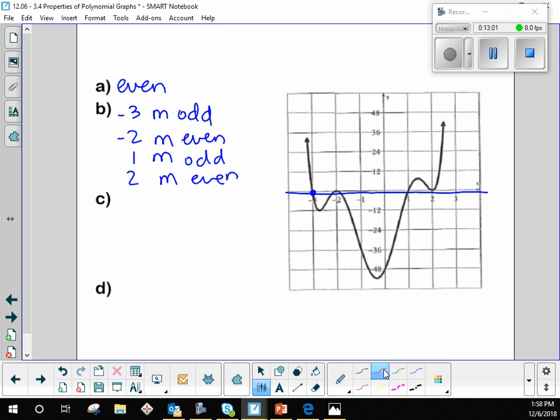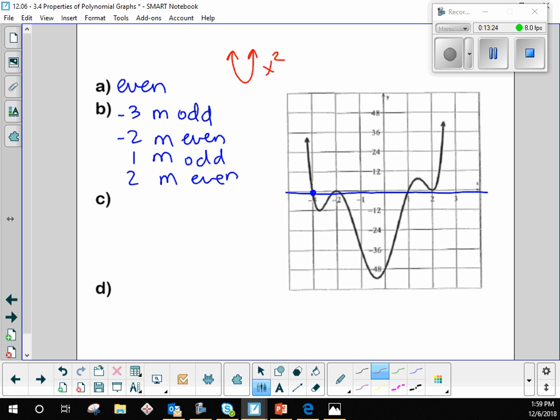So if the end behaviors are the same, they're going in the same direction, that means the degree is going to be even. Just like a parent, like this is x squared, right? So an even degree, the ends go in the same direction. For C, we want minimum degree.